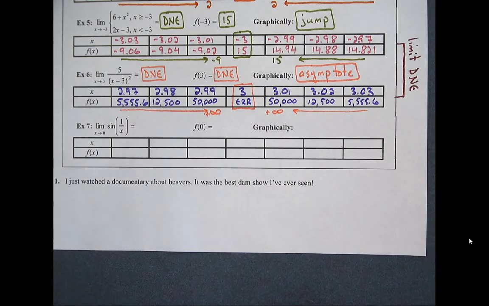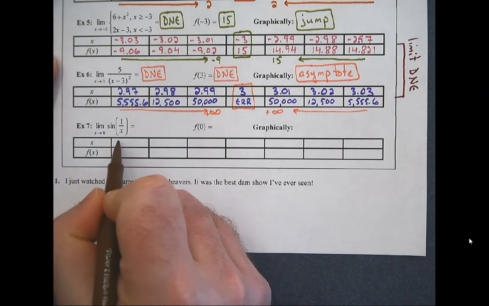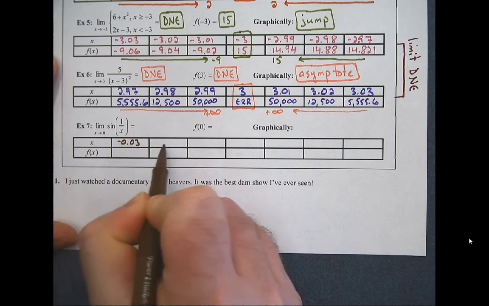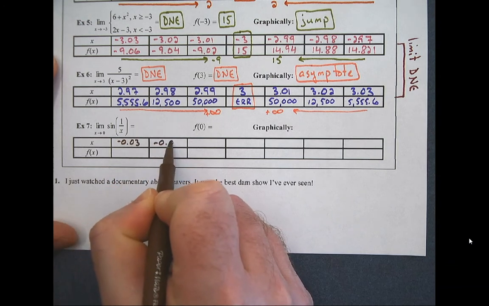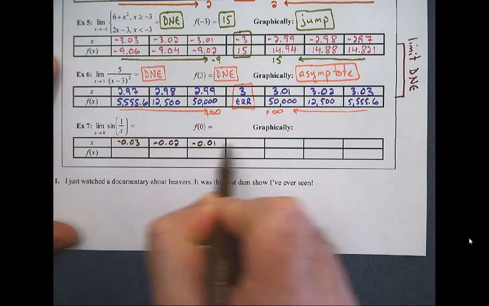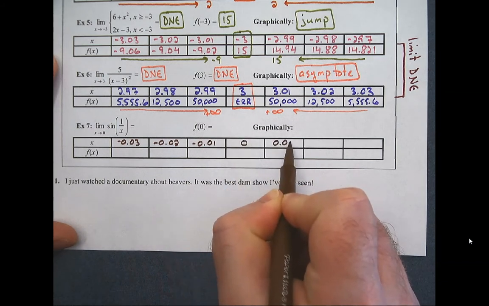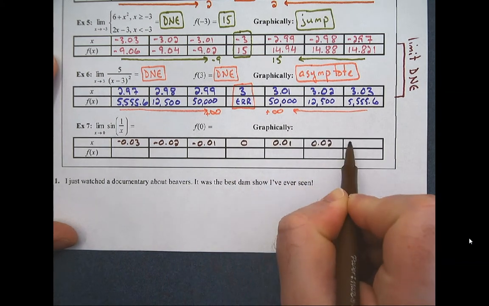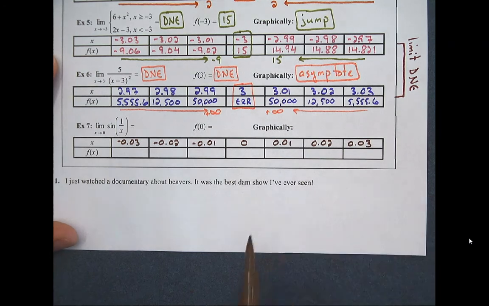So we would have something like negative 0.3, 0.02, negative 0.01, 0, 0.01, 0.02, 0.03.